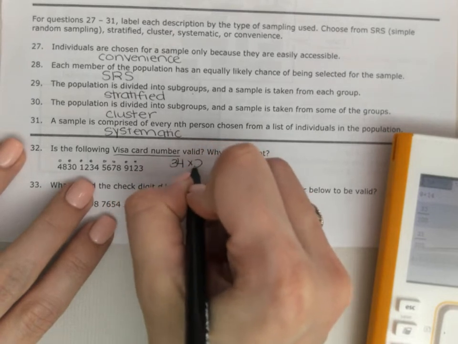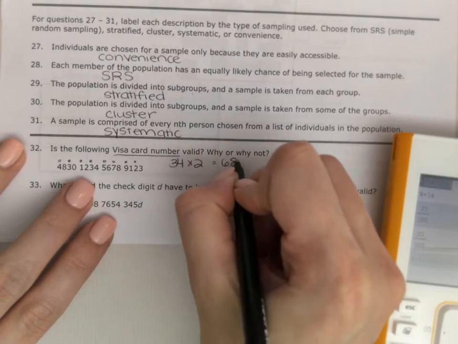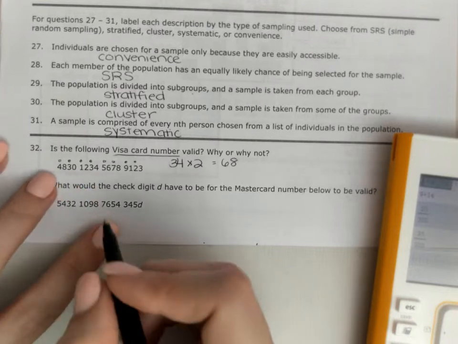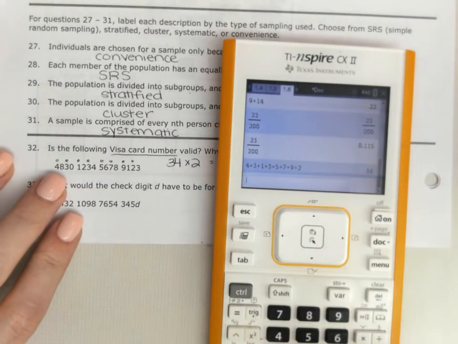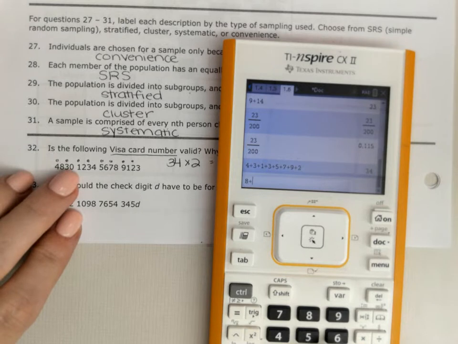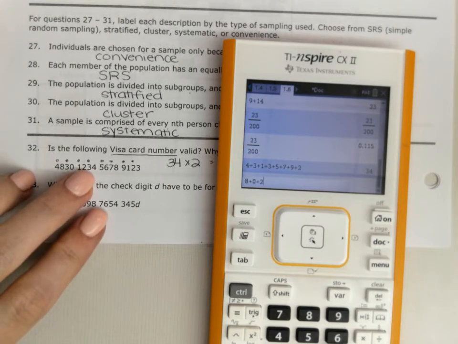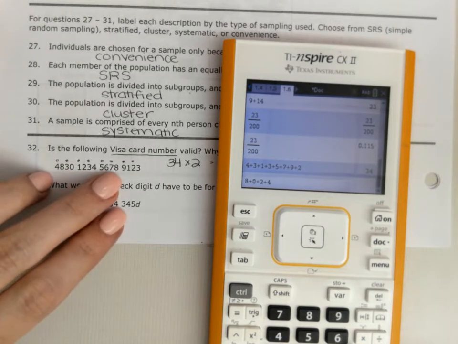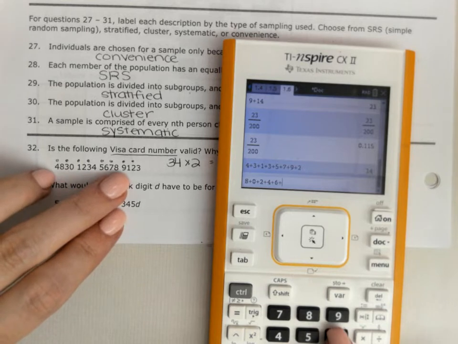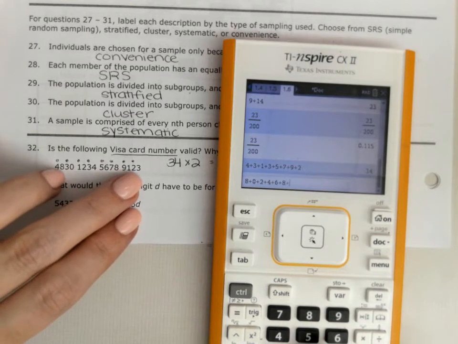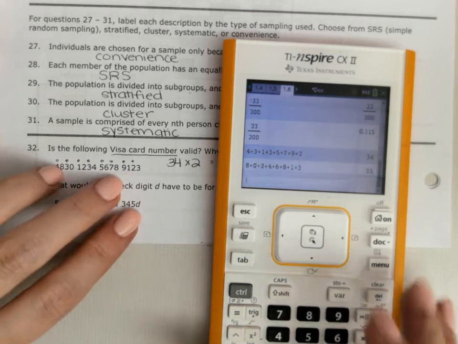And you multiply that number by 2, so I get 68. Then you add all the even digits. 8 plus 0 plus 2 plus 4 plus 6 plus 8 plus 1 plus 3.